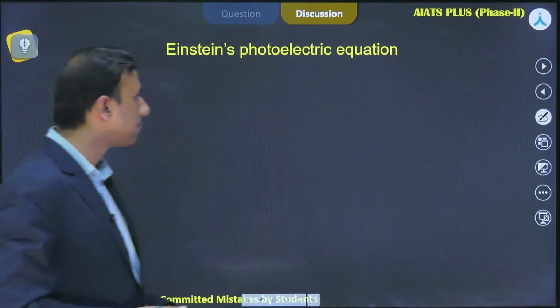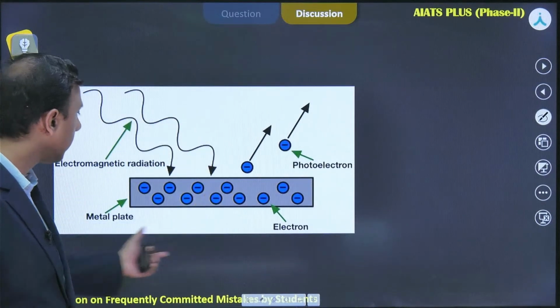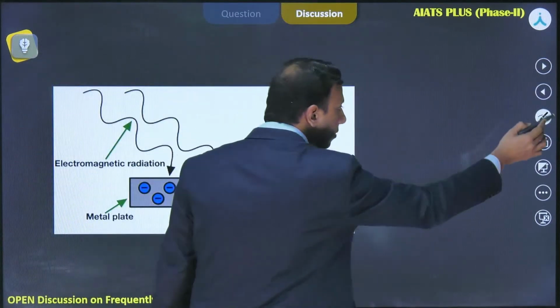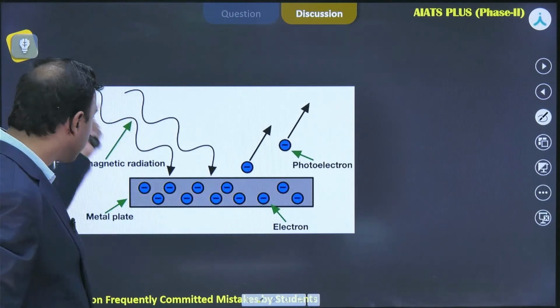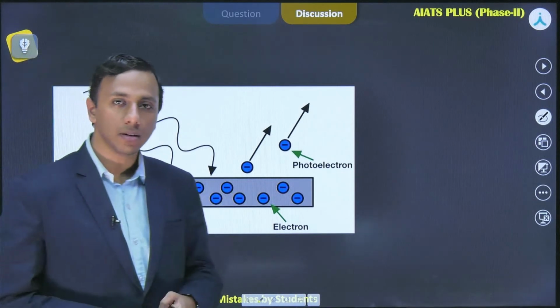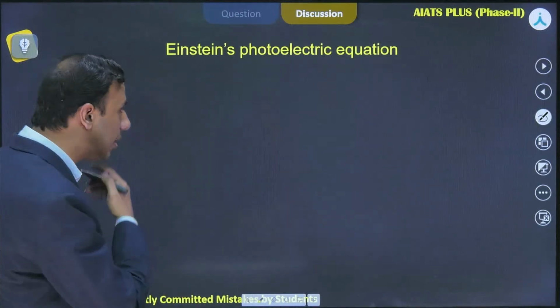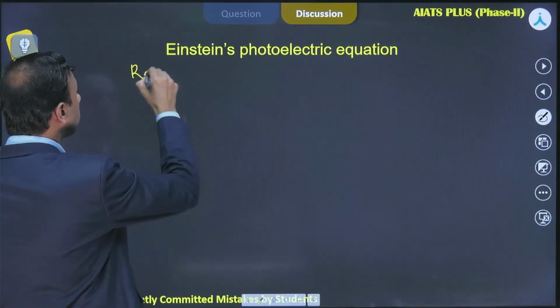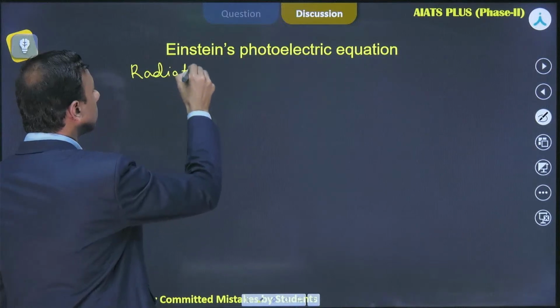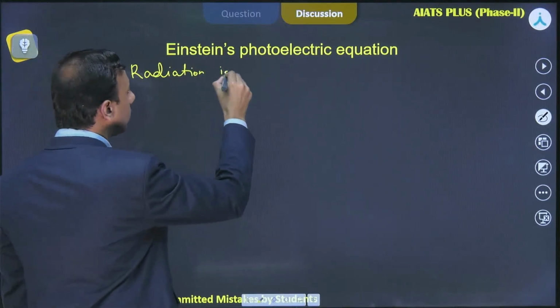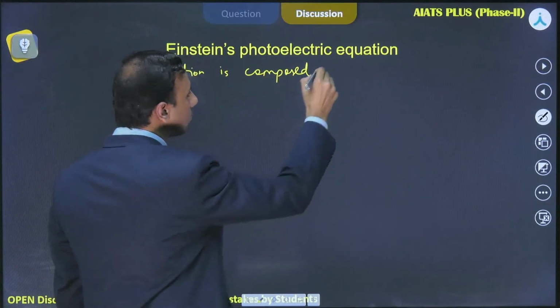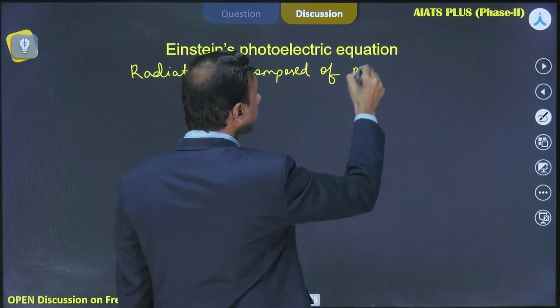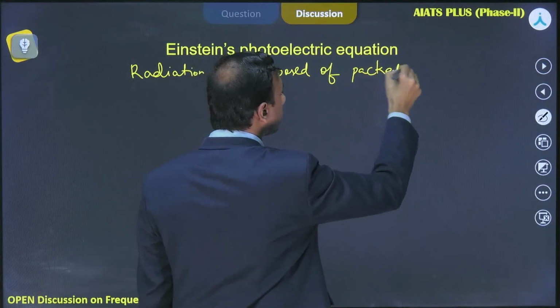So let's say we have a metal surface on which electromagnetic radiation is falling down. And remember, this radiation, we say, is composed of packets, packets of energy.